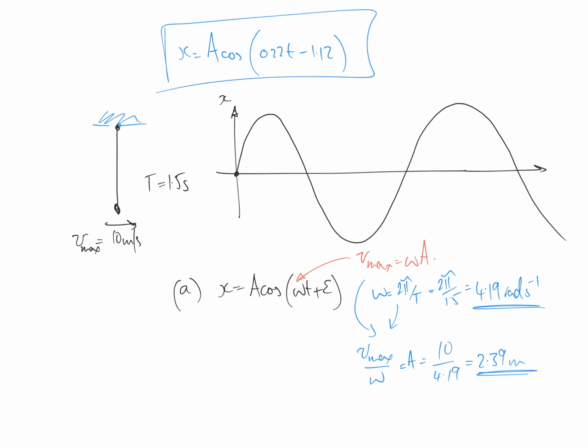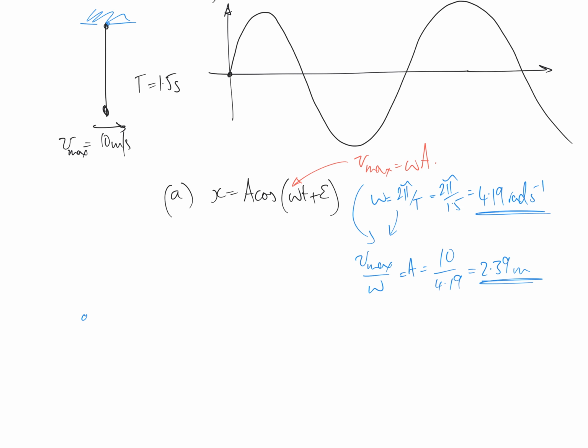Now finally, we know that at t equals 0, x equals 0. So therefore, 0 equals A cos(omega t plus eta), and we know that omega is 4.19, so that's what we want to change here.